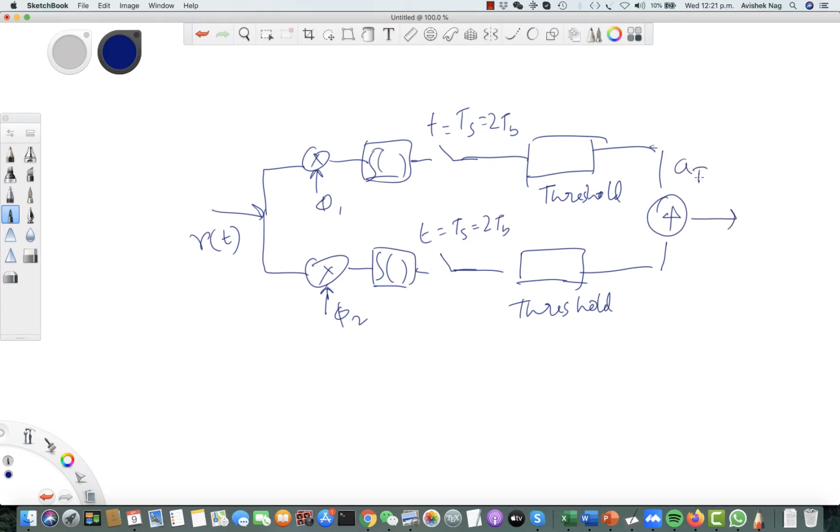So this one is giving you AI and this one is giving AQ, and this is your combined QPSK signal AT.